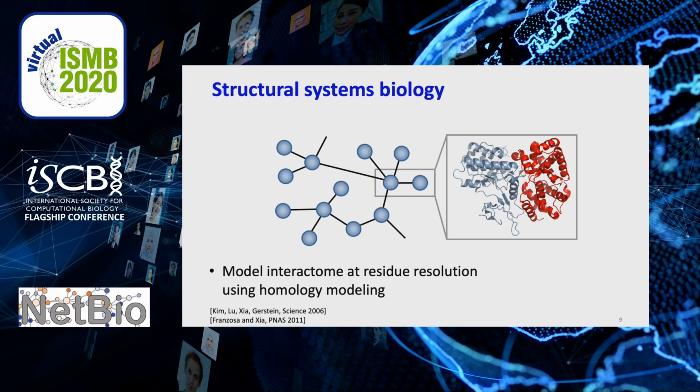The idea is to take the high-quality human interactome network already validated by experiments, then try to build accurate three-dimensional structural models for a subset of these protein-protein interactions using the technique called homology modeling. In other words, we're not predicting new interactions. Rather, we're annotating known interactions with three-dimensional structural details.